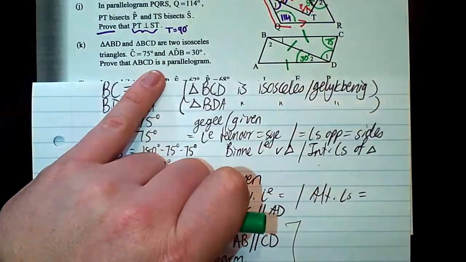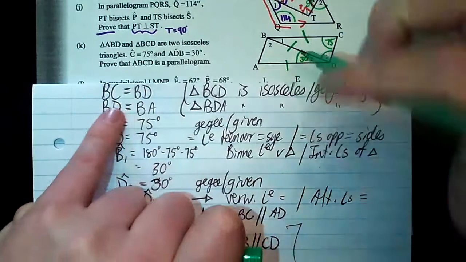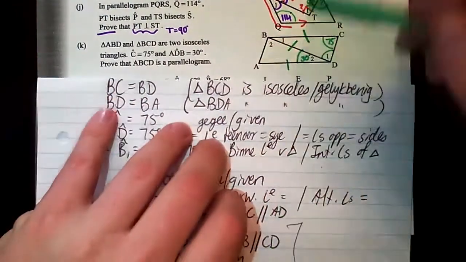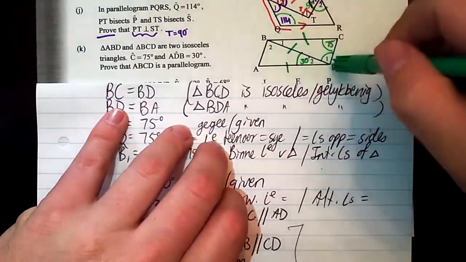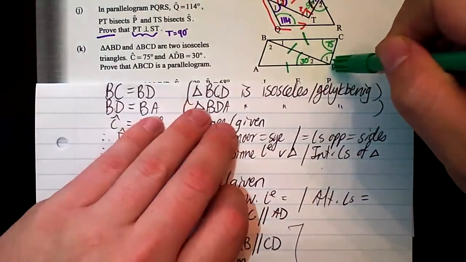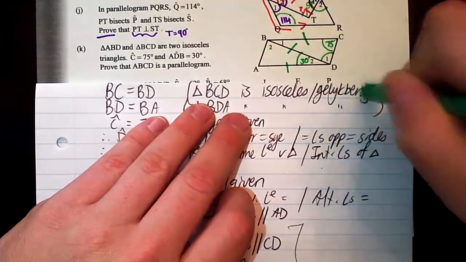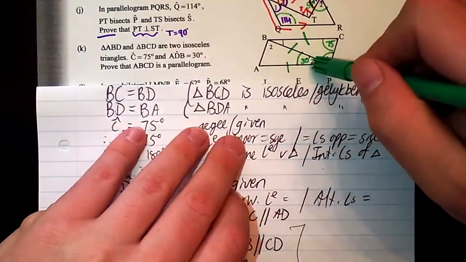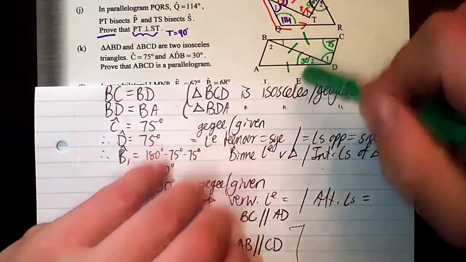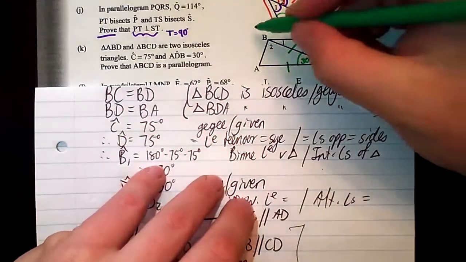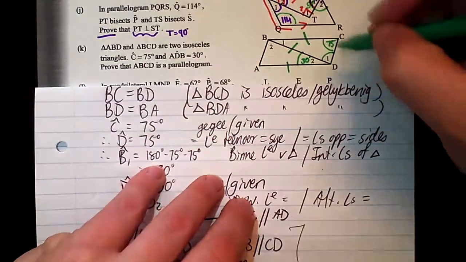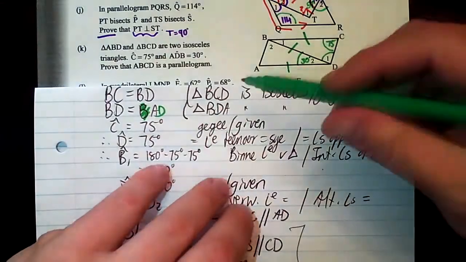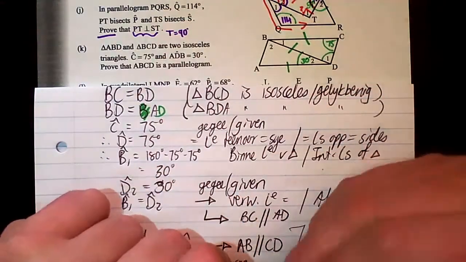Okay, right. So just mention what they gave us. Okay, BC and BD are equal because they tell us it's an isosceles triangle. BD and BA, I'm lying. BD and AD is an isosceles triangle.